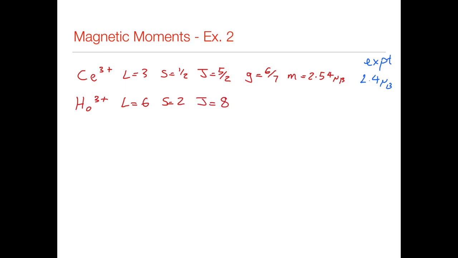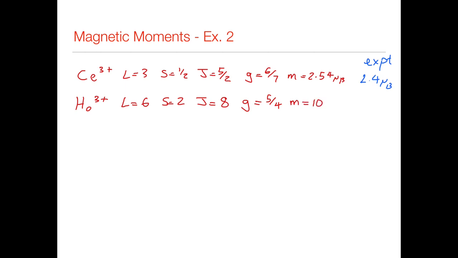So if you want to pause and calculate what G is and what the magnetic moment is. So G is going to be equal to 5/4, and the magnetic moment is quite large.